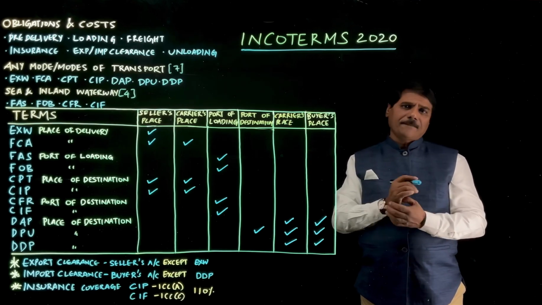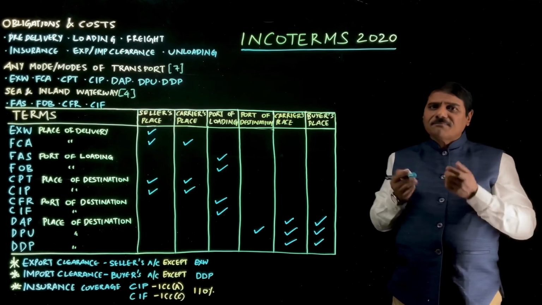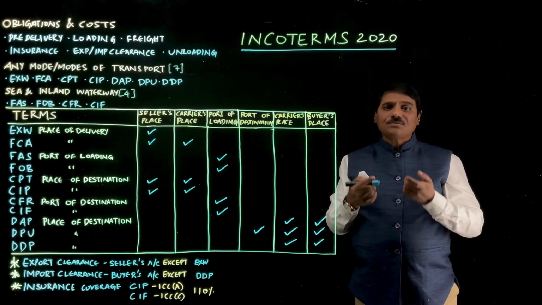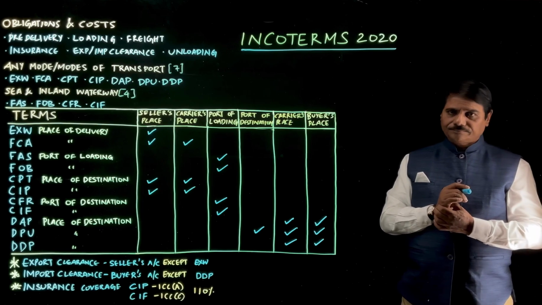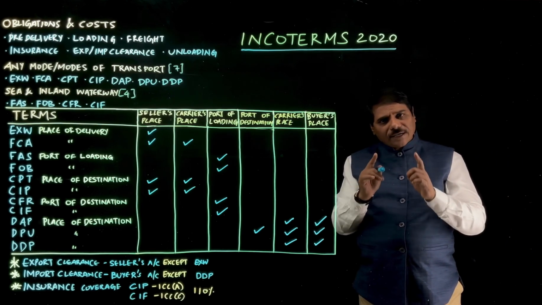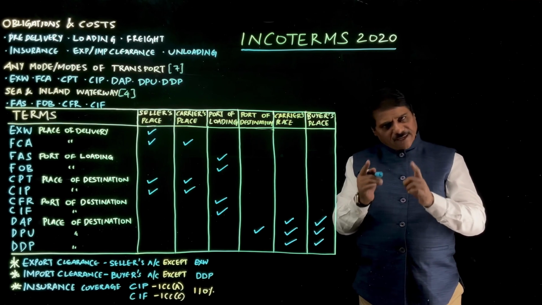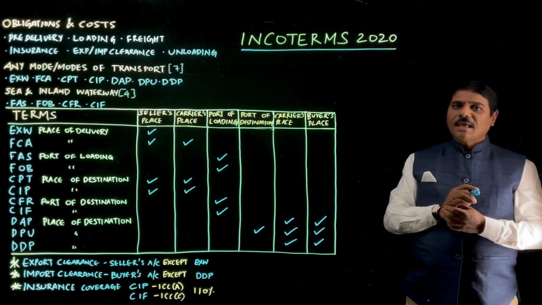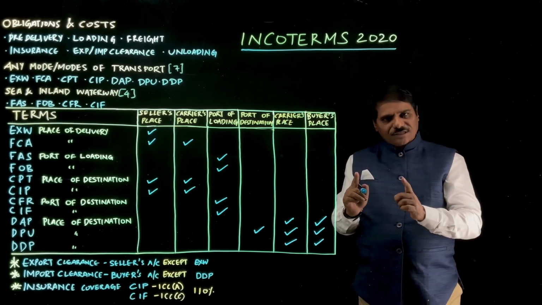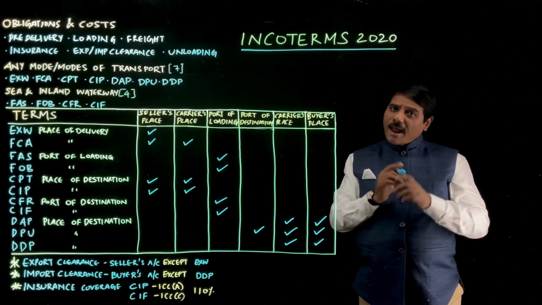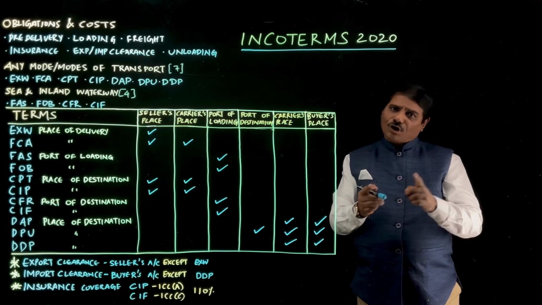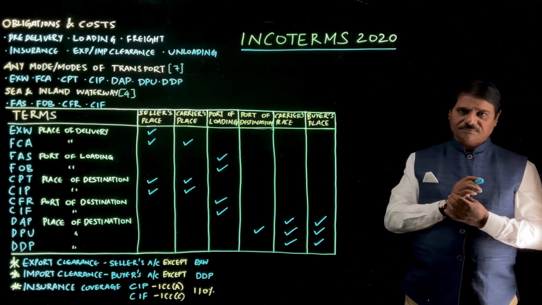If you want to put on the packing some marking which is appropriate and required for transportation of the goods. So, if the contract is silent about the packing or marking, still it is the seller's responsibility to pack the goods as appropriate and suitable for transportation.